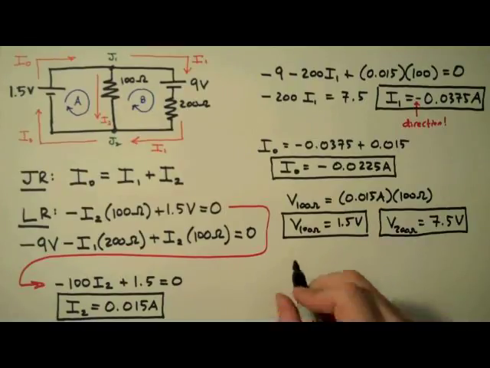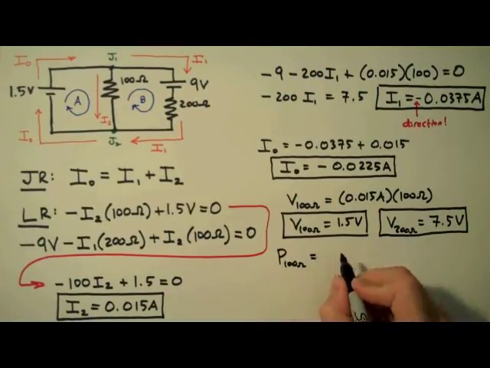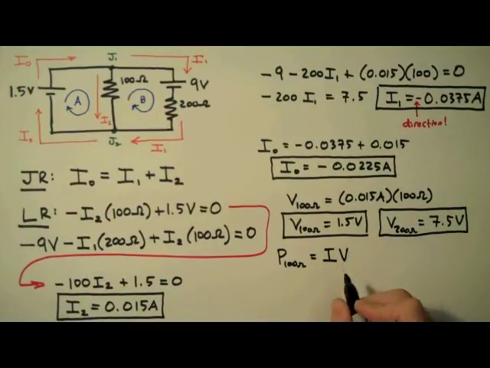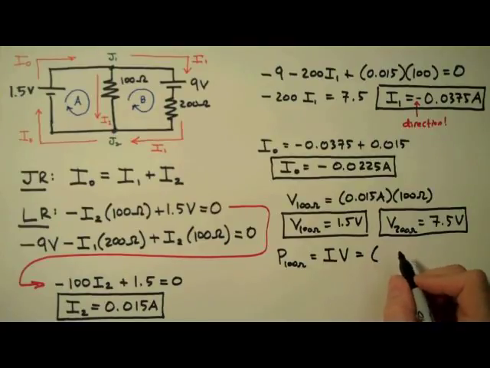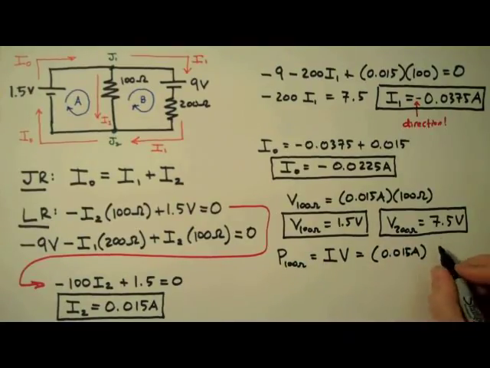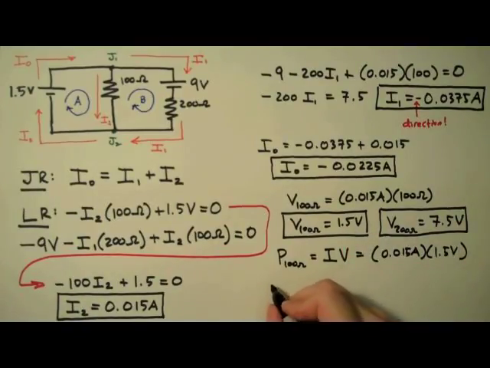To determine the power dissipated by these resistors, we simply multiply the current through by the voltage across, IV. And we find out for the 100 ohm resistor, we're going to use the 15 milliamps for the current and the 1.5 volts we just determined.